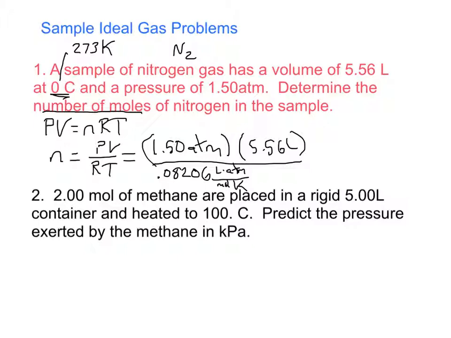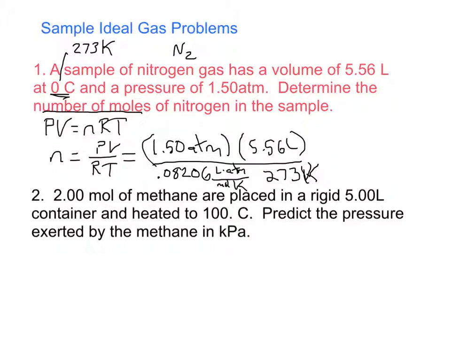And that's all multiplied by the Kelvin temperature, which is 273 Kelvin. So when you get this set up, and I highly encourage you to do it the way that I have, where we rearrange the equation first, then put in the variables, so you don't have to write those numbers and their units multiple times as you're solving it.